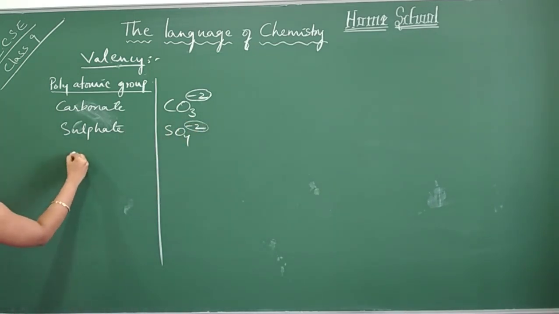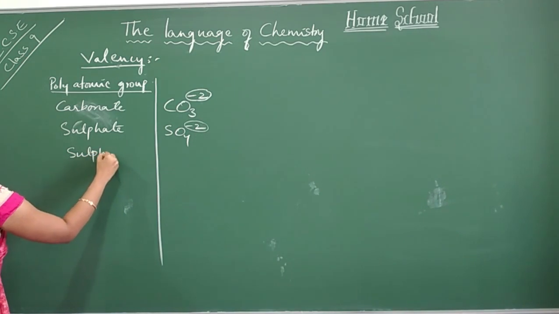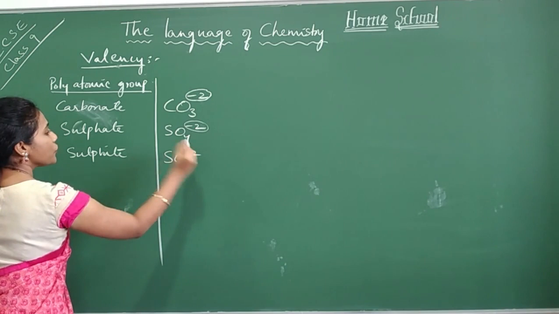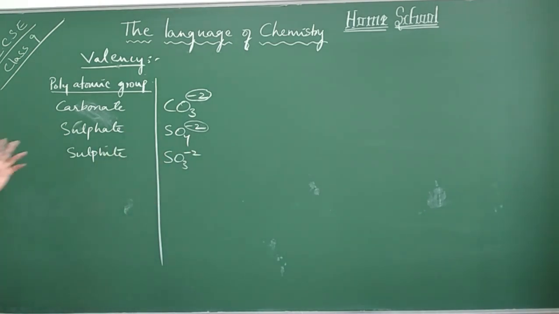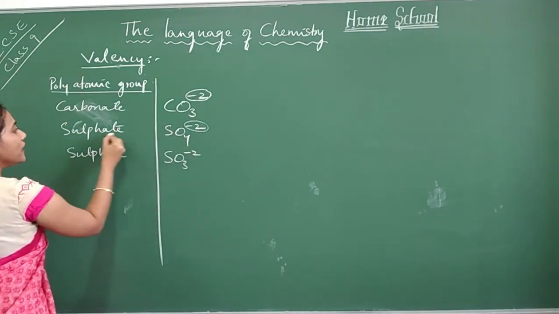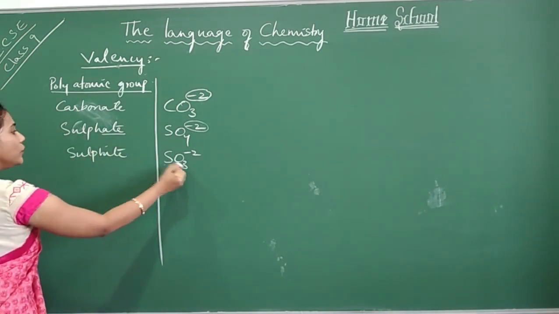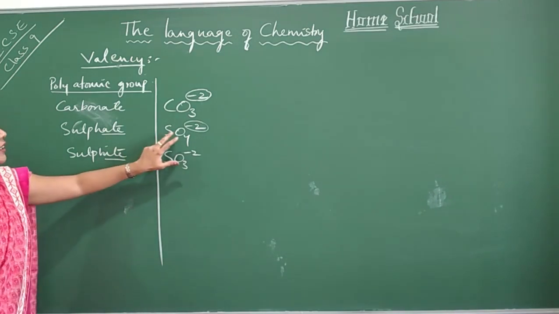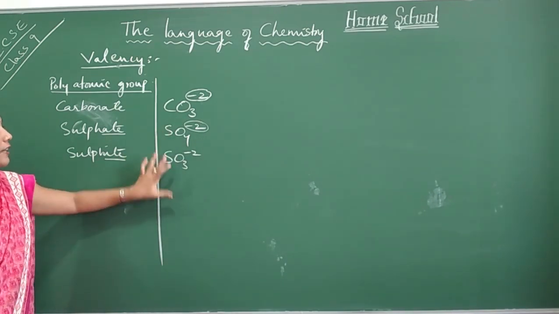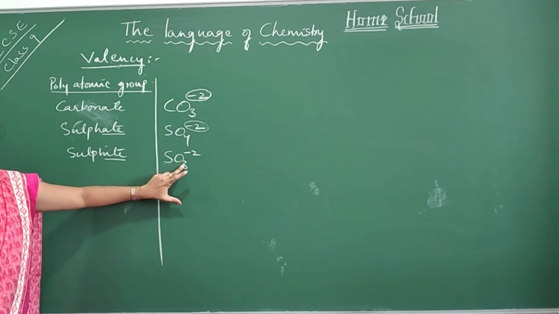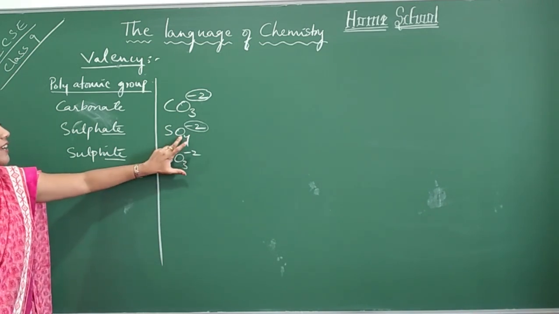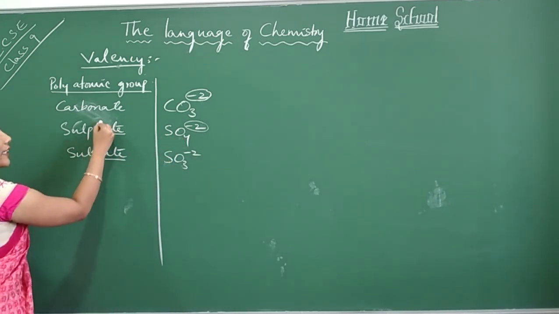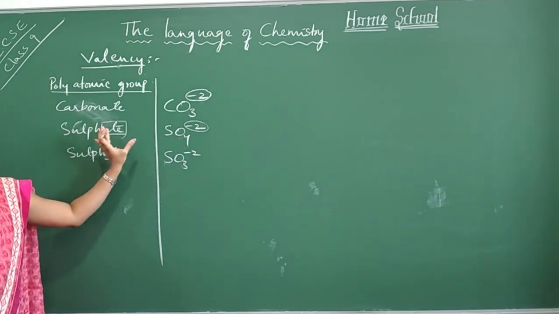Similarly, sulfite, SO3 minus 2, is its valency. You can observe here SO4 is called sulfate, SO3 is called sulfite. Both of them have sulfur atoms and oxygen atoms. The one which has more oxygen atoms is named with the ending ATE.